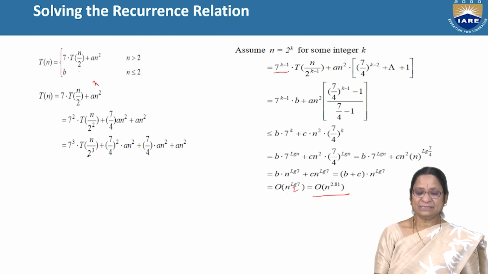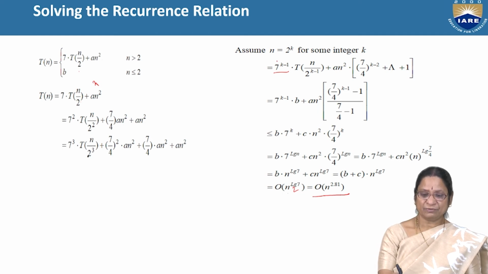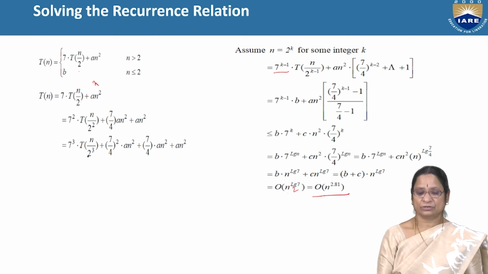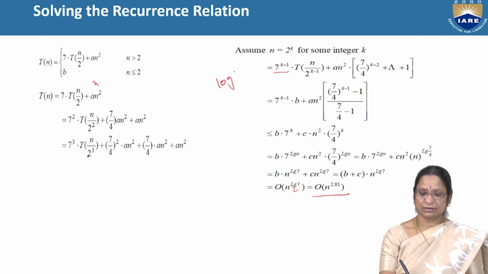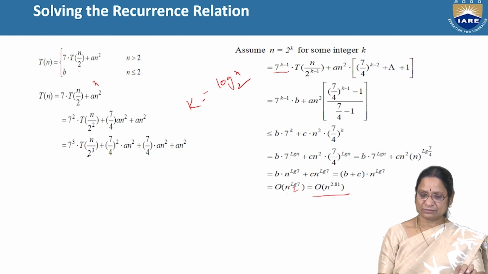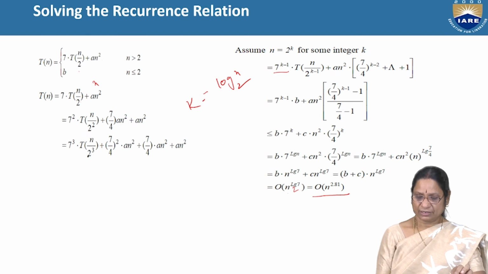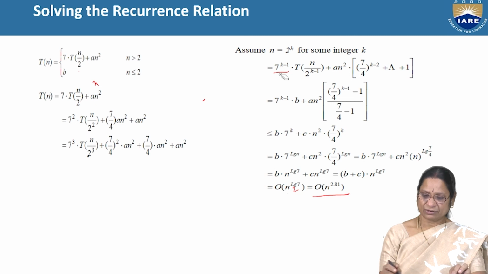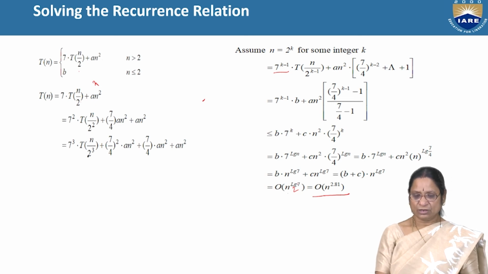So that means here n is equal to 2 power k means we will get k is equal to log n to the base 2. So we will get log n to the base 2 is equal to k. So by substituting this k value in this, we will get 7 power log n to the base 2.